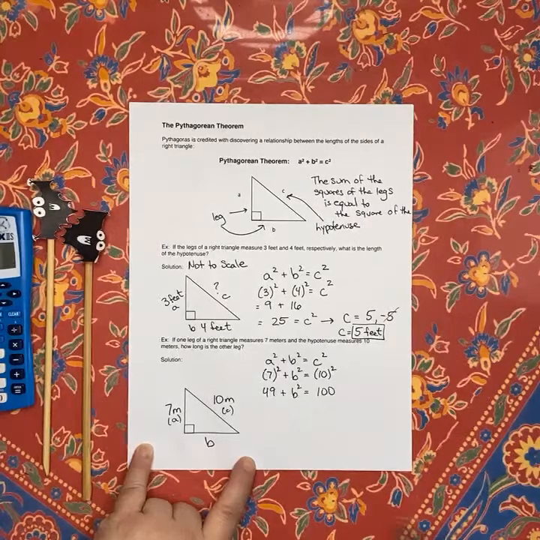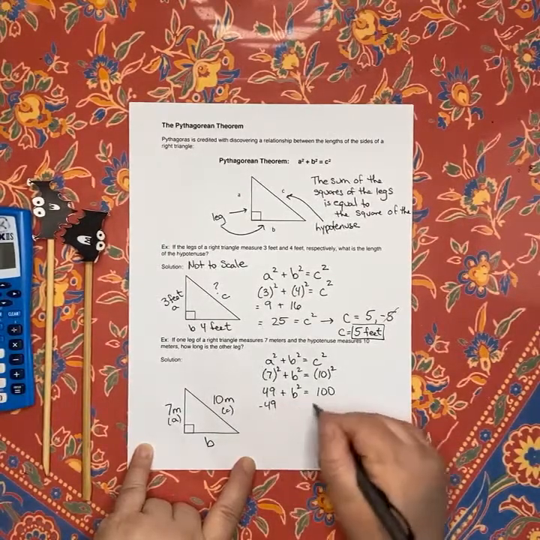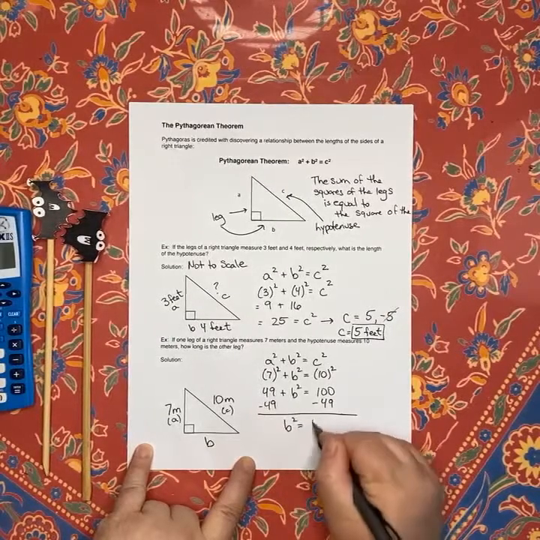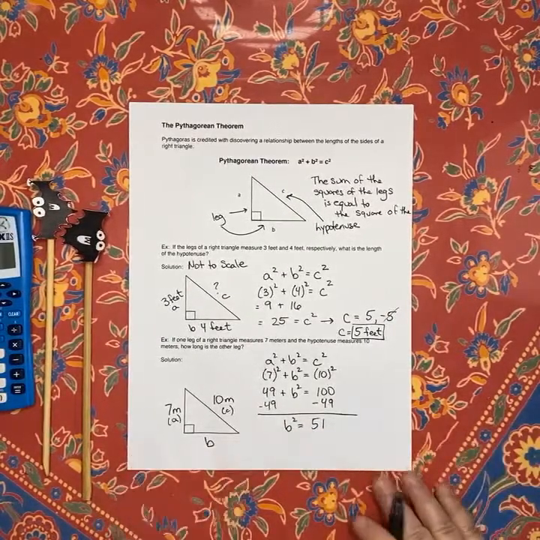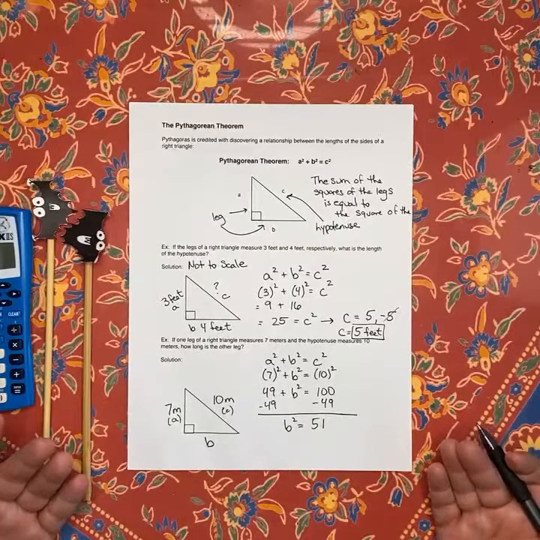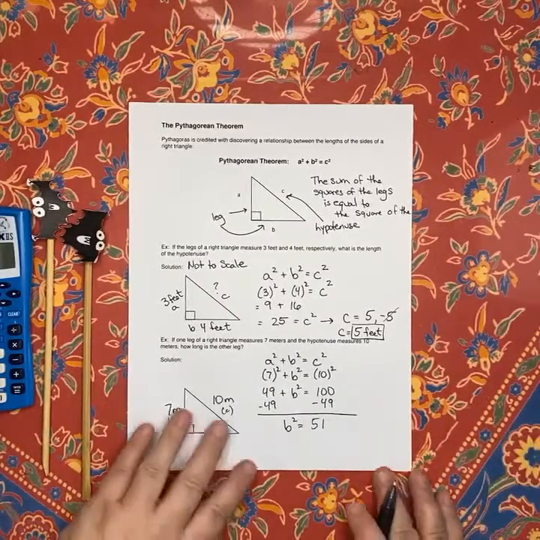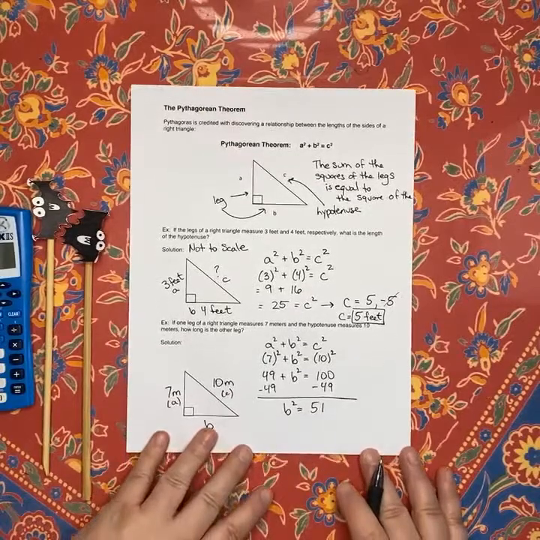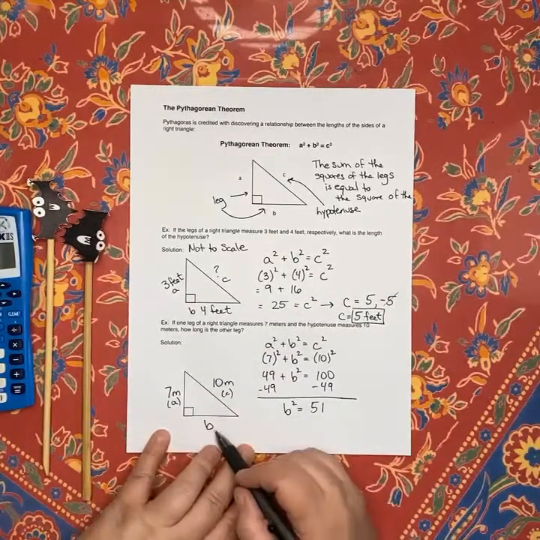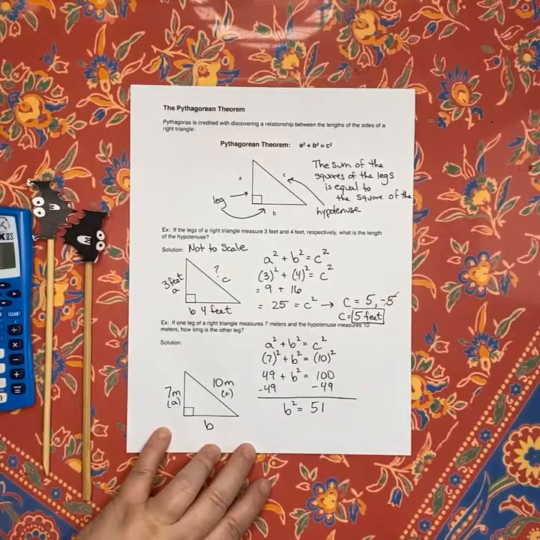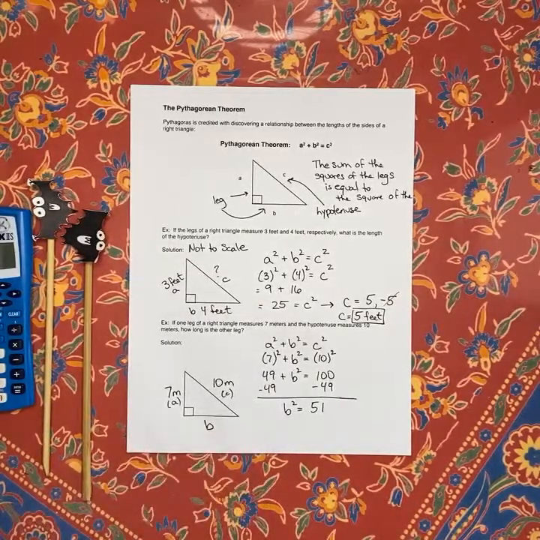And I'm going to subtract 49 from both sides. So B squared has to equal 51. And again, depending on what classes you've taken ahead of time, you may have some thoughts about this. Technically speaking, we know that B has to be positive because it's a measurement, it's the length. We don't have negative lengths in this dimension, at least.